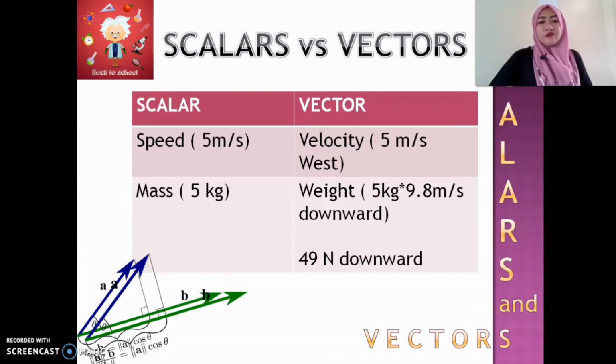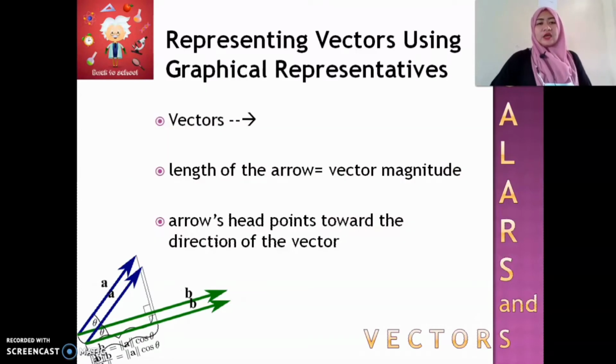Therefore, the weight is a vector, which is equal to 49 Newtons downward. That is also equal to the force that a person is exerting towards the earth. A vector is represented by an arrow. The length of an arrow describes the vector magnitude, while the arrow's head points towards the direction of the vector.